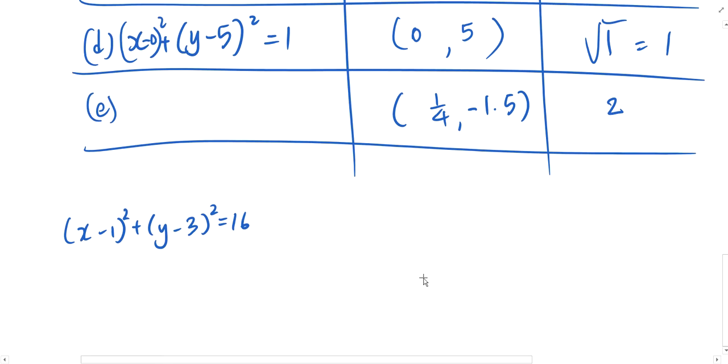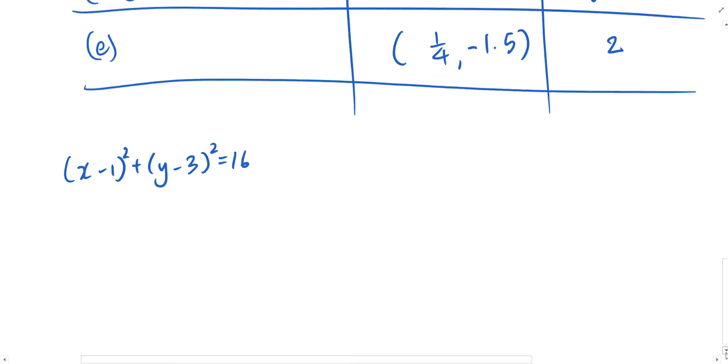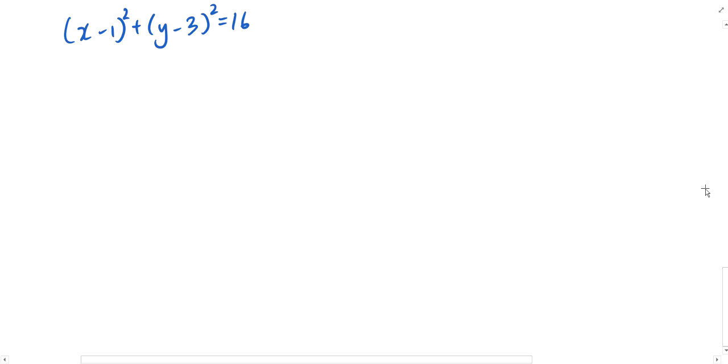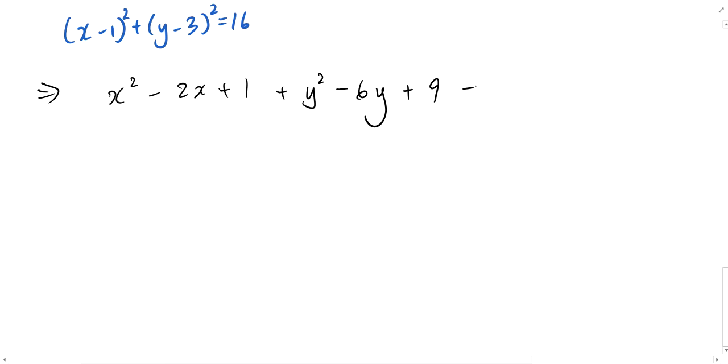Okay, so all of you know what is the center and radius for this circle. Let me expand it out. All can do expansion, right, of a square? Okay, let's see what we have. Therefore, x squared minus 2x plus 1 plus y squared minus 6y plus 9, minus 16 equals 0, right?